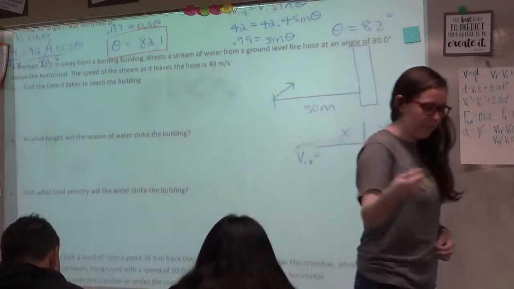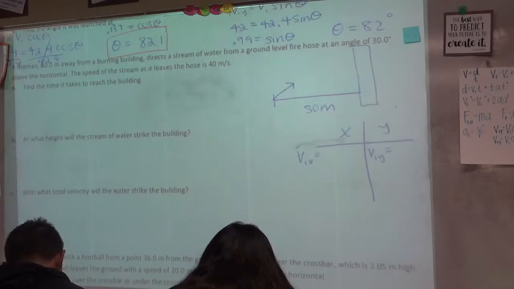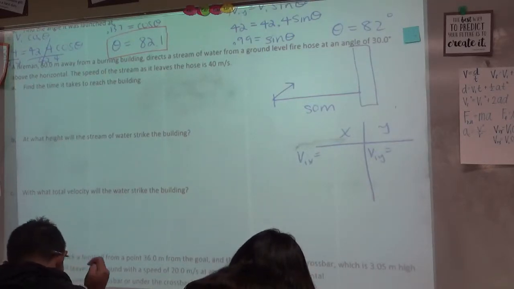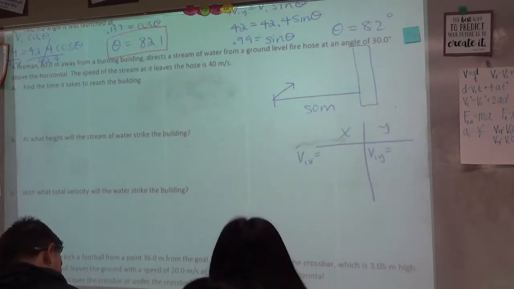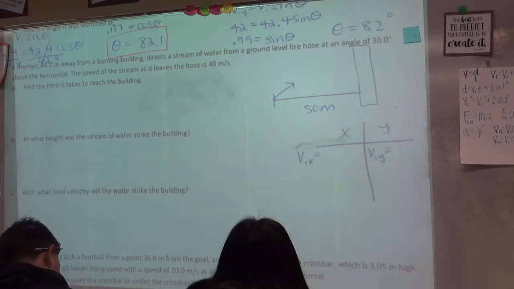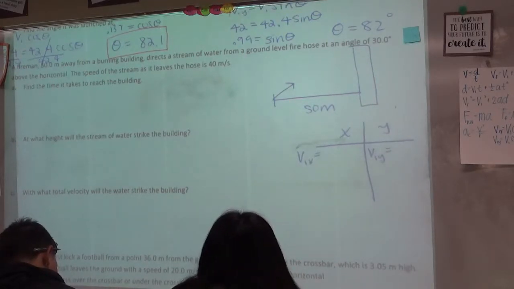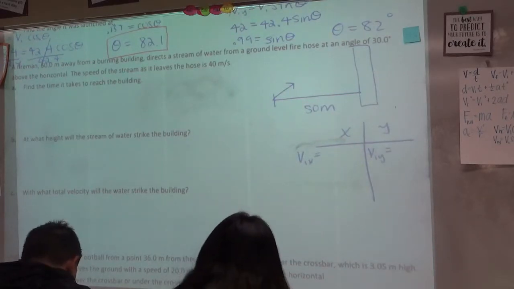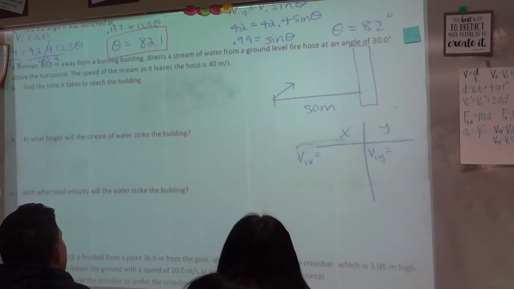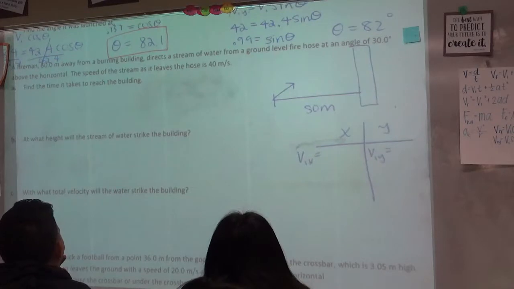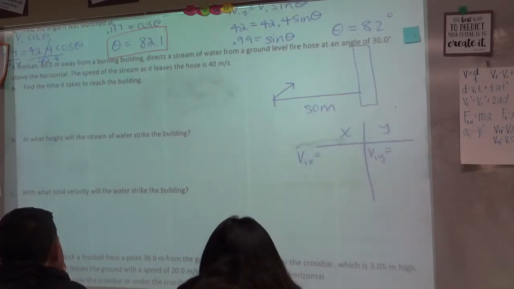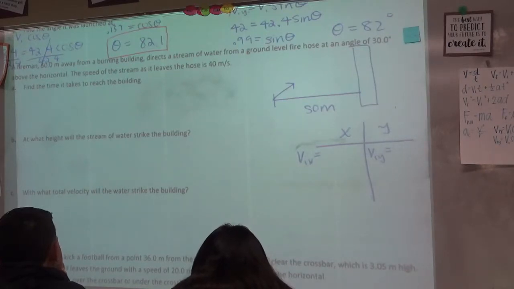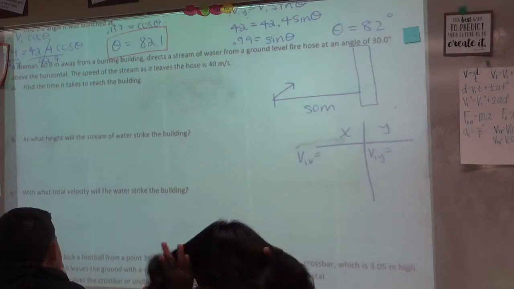I'm just giving you hints to set you up. So we would do 40 cosine of 30 and 40 sine of 30.